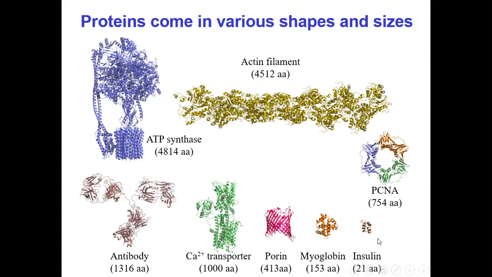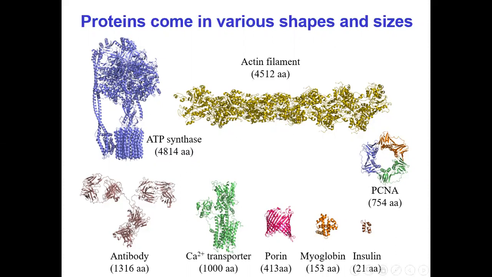But we can also find larger and larger proteins. And we also find huge protein complexes, which are made of many different chains and may contain thousands of amino acids. A second example can be seen here.